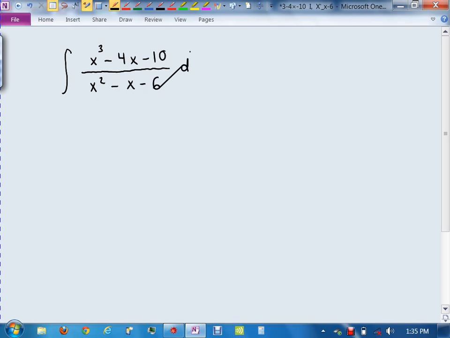Okay, how about this one? The integral of x cubed minus 4x minus 10 over x squared minus x minus 6 dx.